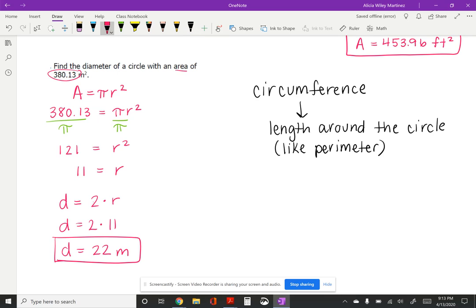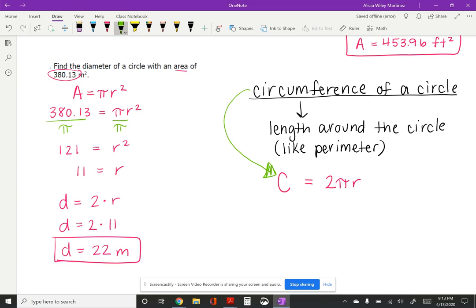So the formula for the circumference of a circle is, to use a capital C for circumference, it's equal to 2 times pi times r. Okay, now the C again stands for circumference, if you're not familiar with that. Now, if I think about it, this is one way to think of circumference.